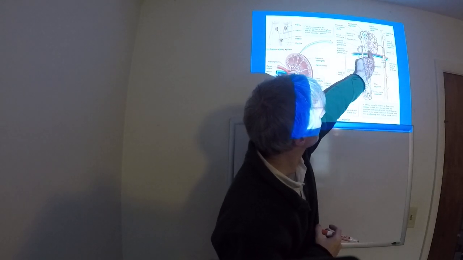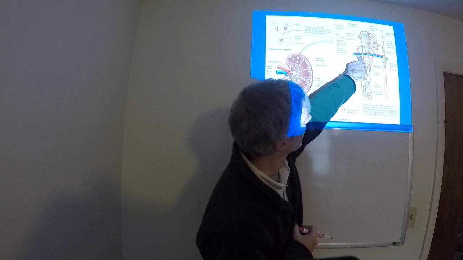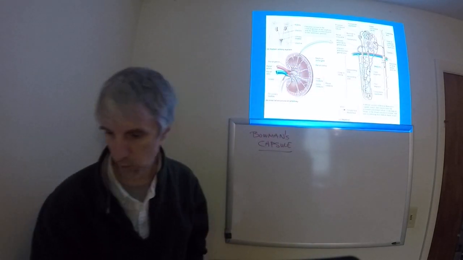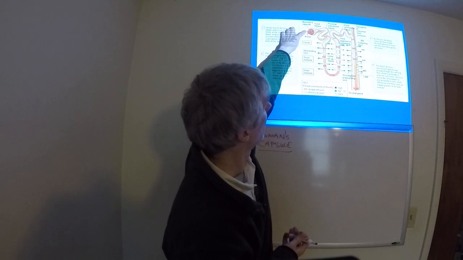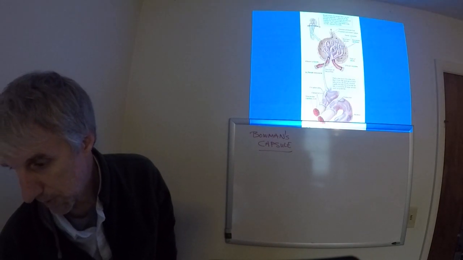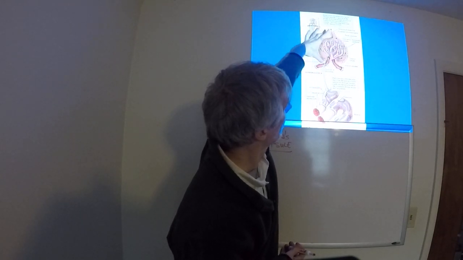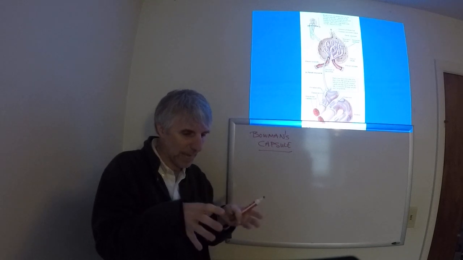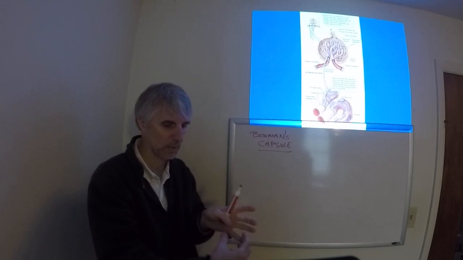There's Bowman's capsule right there. Notice that the artery here is providing blood that then moves into Bowman's capsule. Okay? Here again, blood coming into Bowman's capsule. So that means by the time we get to this image, we're just looking here at Bowman's capsule. If we're looking at it from the outside, that's all we would see is this structure, which is the capsule.